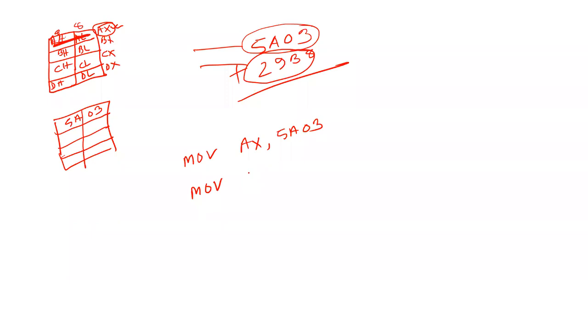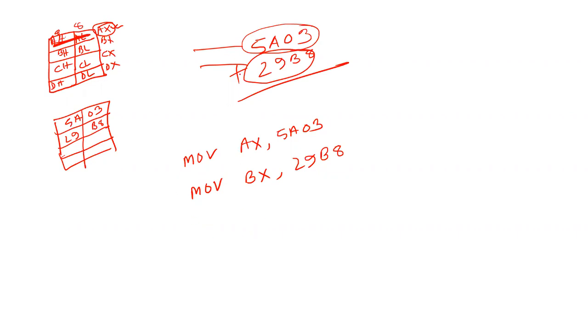So move BX, sir. DX, CX, DX, any, no problem. Okay, DX, comma, 29B8. Now our data transfer is finished. This is the BX, so BX data is 29B8. Okay, so now this is finished.